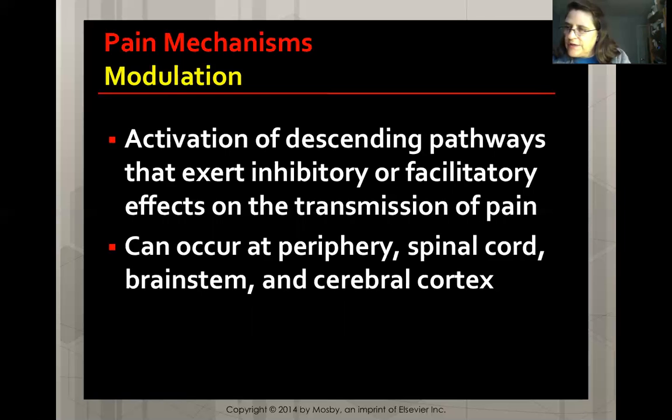Several antidepressants exert their effects through the modulatory system, for example amitriptyline, which is Elavil, Effexor, and Cymbalta, and these are used in the management of chronic non-malignant and cancer pain.